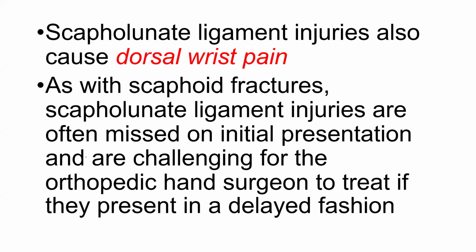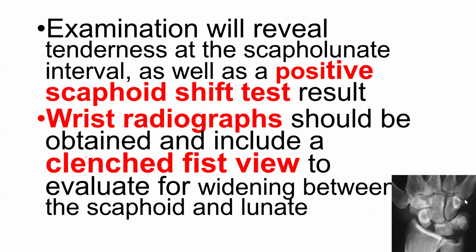And these are challenging for the orthopedic hand surgeon to treat if they present in a delayed fashion. Examination will reveal tenderness at the scapholunate interval, as well as a positive scaphoid shift test. You should know how to demonstrate this.